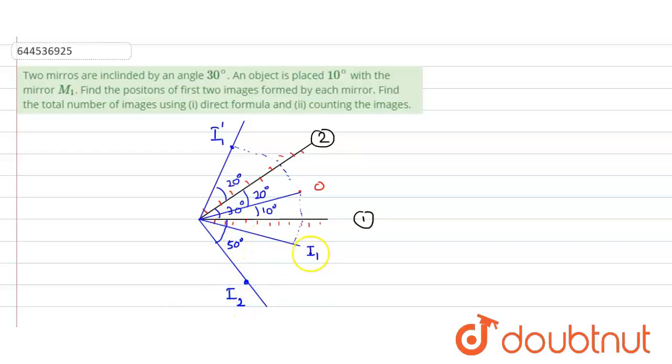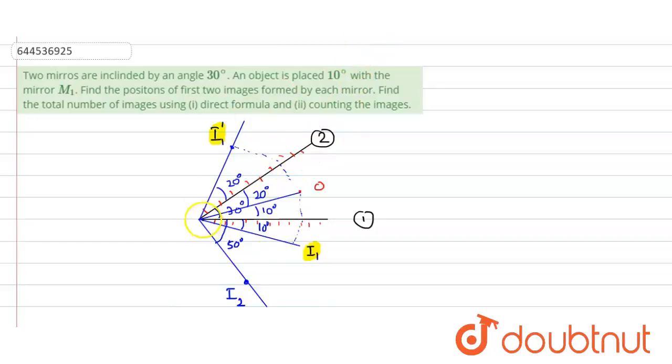So we have drawn the direct images. Now we are drawing the images of the direct images. If we consider this one with respect to this, what is the total angle? This is our 30 and this angle is 10 degrees, so the total angle would be 40 degrees with respect to mirror 2.